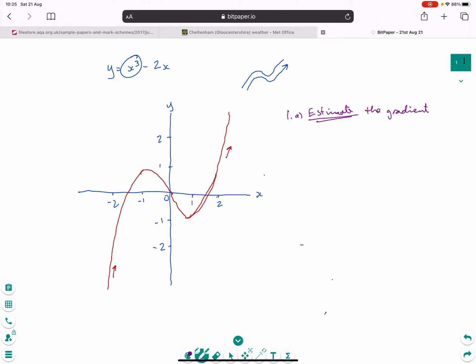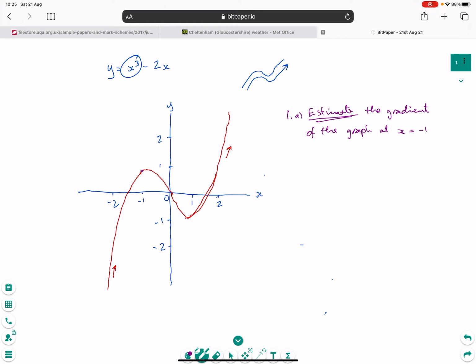This is the confusion. There's no one more right answer, but there are right answers within a reasonable estimate, if you get what I mean. So estimate the gradient of the graph at x equals -1, which is why I want to be quite careful about that point there.